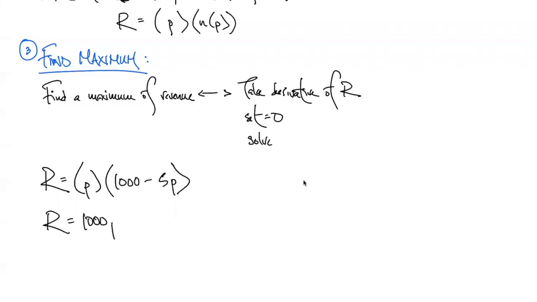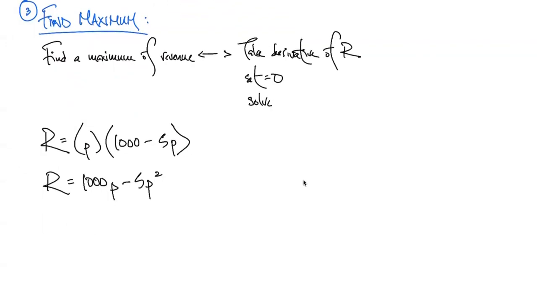I mean, it's a good skill to have, but this is also helpful in another way, not just because we can avoid product rule, but actually back to Luca's question earlier, how do we know it's going to be a maximum? What shape is this curve? 1000p minus 5p squared.